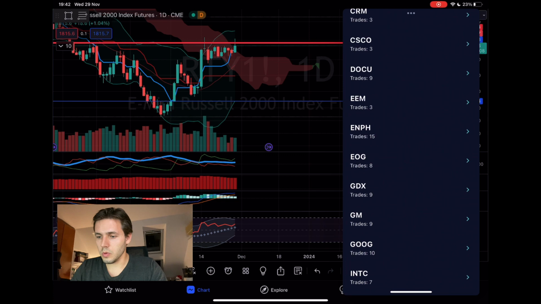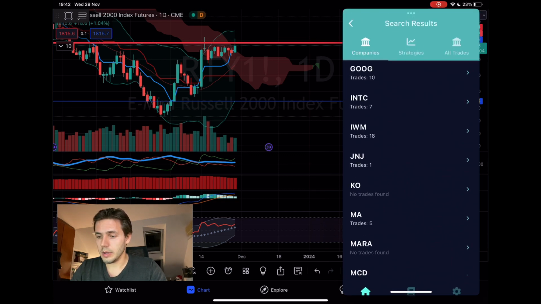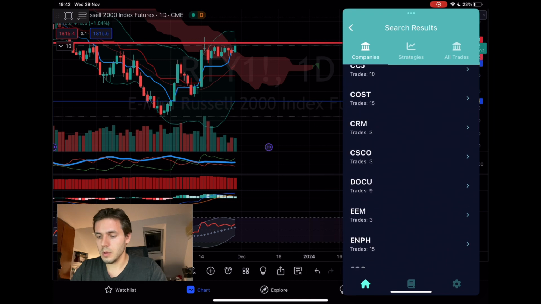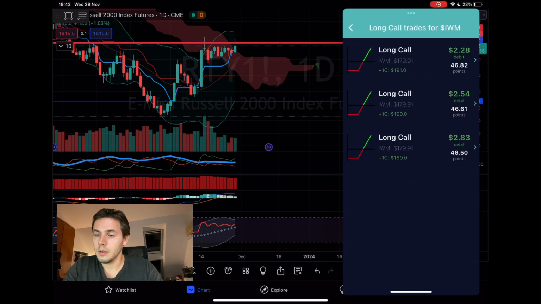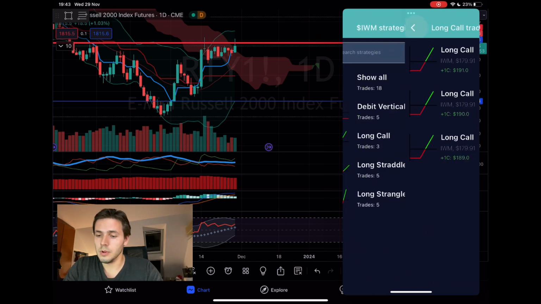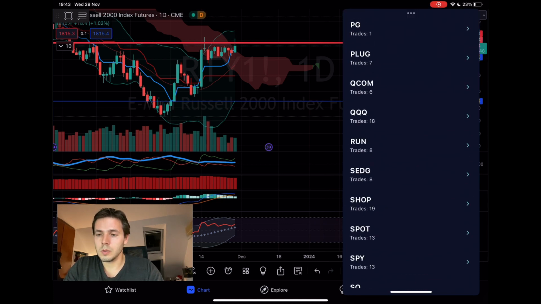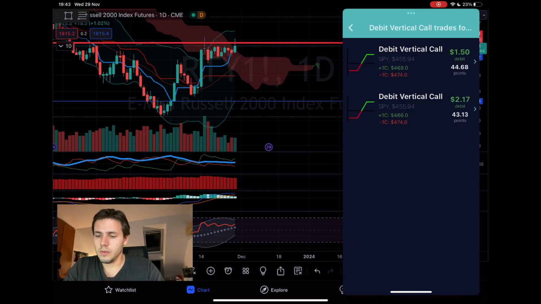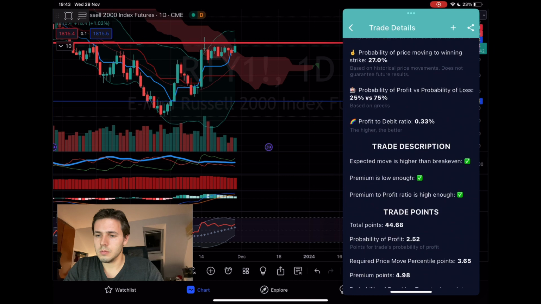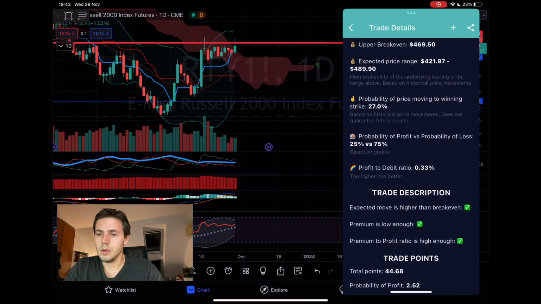So we will start with ETFs as usual. IWM, where is it? 18 trades, debit vertical put, long call, again nothing, well, no debit call, so definitely not. Where's our SPY? SPY, we do have some debit vertical calls. 150, that's profit to debit 0.33, interesting.